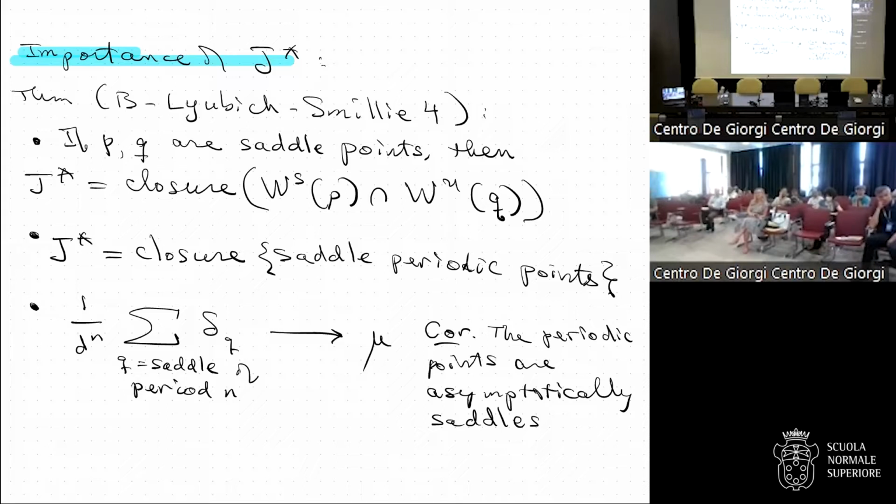And this tells us that if it's saddle type, then it automatically has multiplicity 1, and that the periodic points are asymptotically saddles. So without knowing anything about your map, when you take a lot of periodic points, most of them have to be saddles.